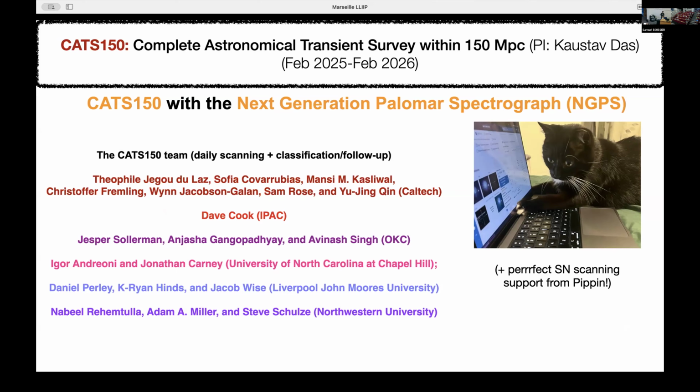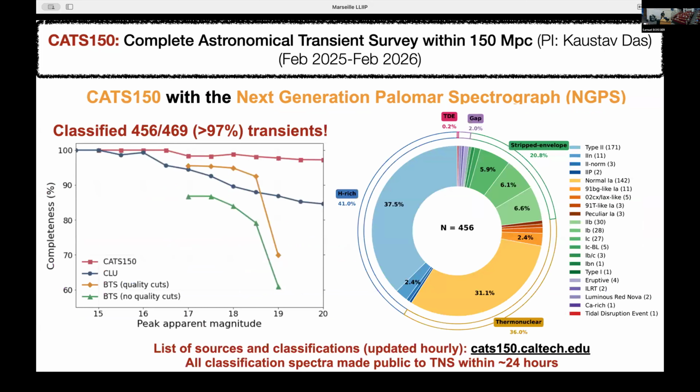The goal then was to achieve high spectroscopic completeness even for the very faint end. This was achieved mainly with the NGPS and also others in the ZTF team providing spectroscopic resources, like Igor, Dan in the room. And as part of this, we achieved a spectroscopic completeness of over 97% across all transients, including the very faint ones.